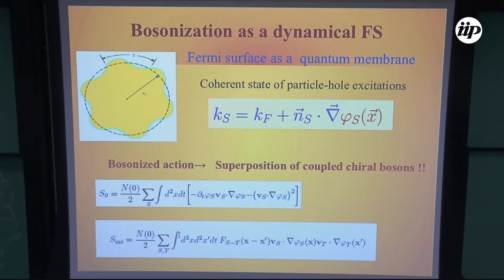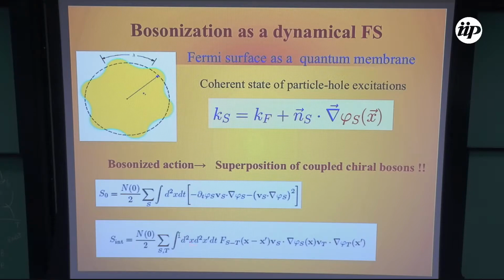Well, when you are away from the critical point, we don't know what happens at the critical point. If this F is repulsive, it's Landau theory, exactly.